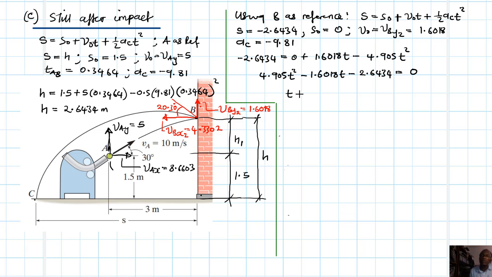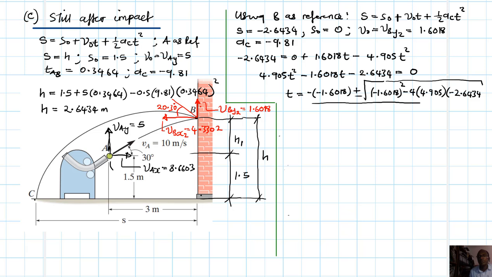So using the quadratic equation, this just becomes minus b, so minus minus 1.6018, plus or minus the square root of 1.6018 squared minus 4ac, 4 by 4.905 by minus 2.6434, and then divided by 2a.